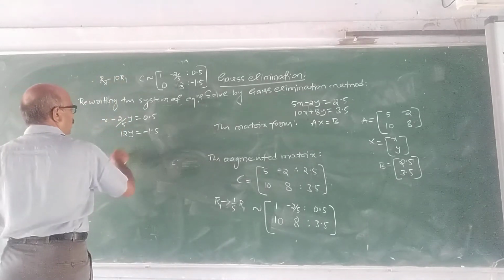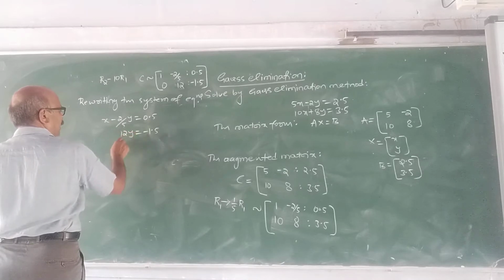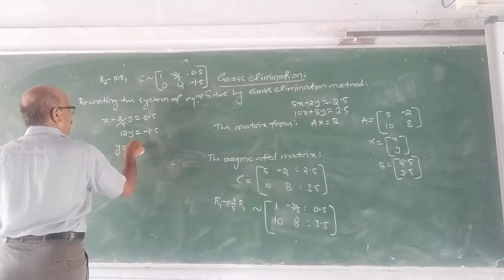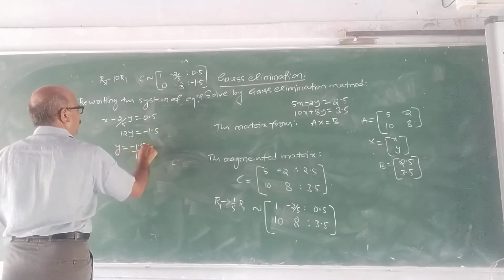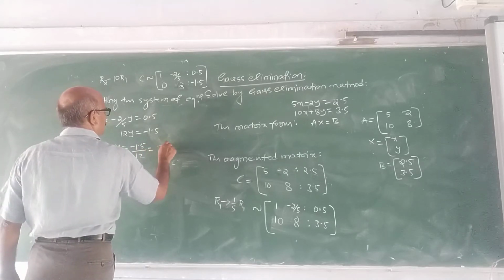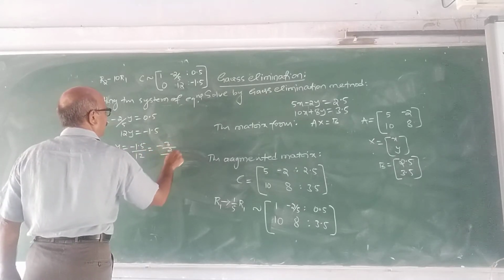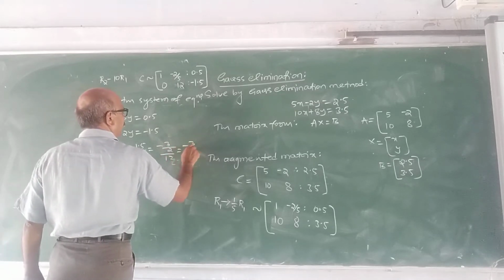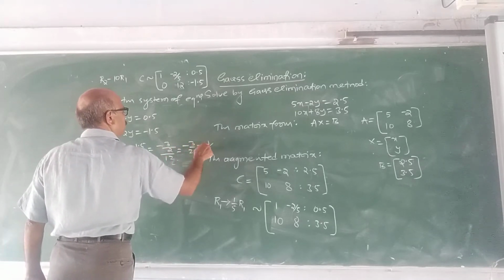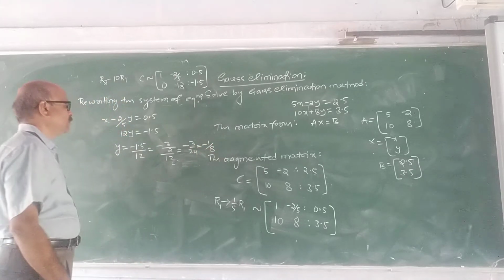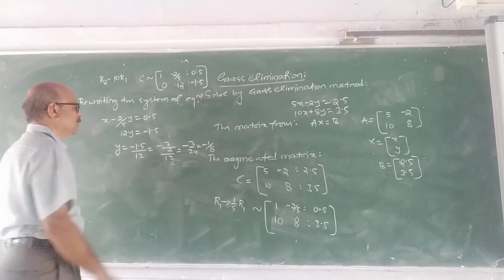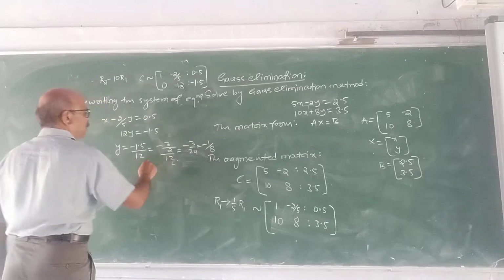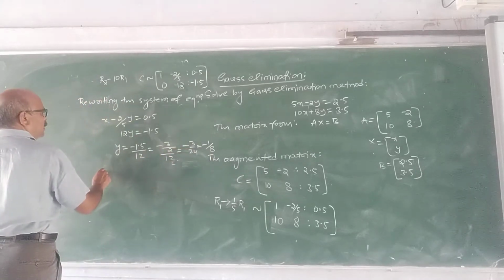Now by back substitution, this gives the value of y: y is minus 1.5 upon 12, or minus 3 by 2 divided by 12, or minus 3 by 24, which is minus 1 by 8. This is the value of y.